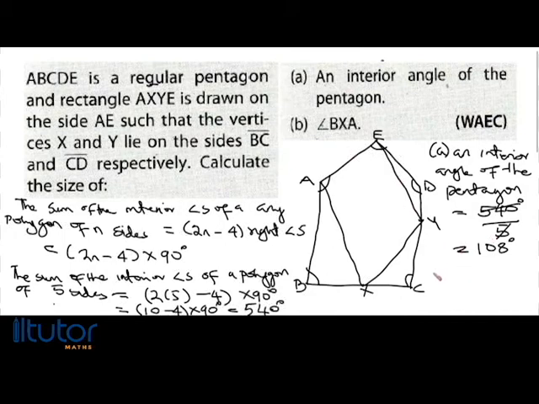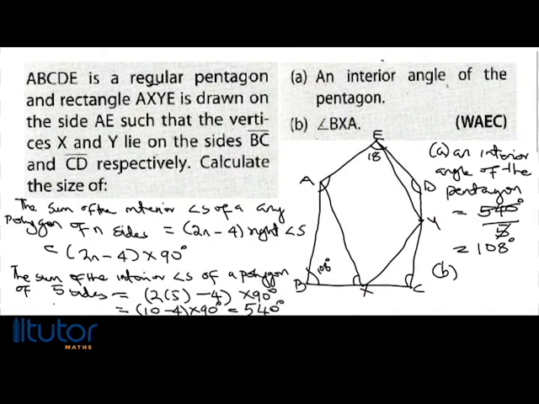And then for B, we've been told to calculate the size of angle BXA. Angle BXA is this angle located at X. Now we've gotten an interior angle of the pentagon to be 108 degrees. That means this is 108 degrees, as well as this and this.